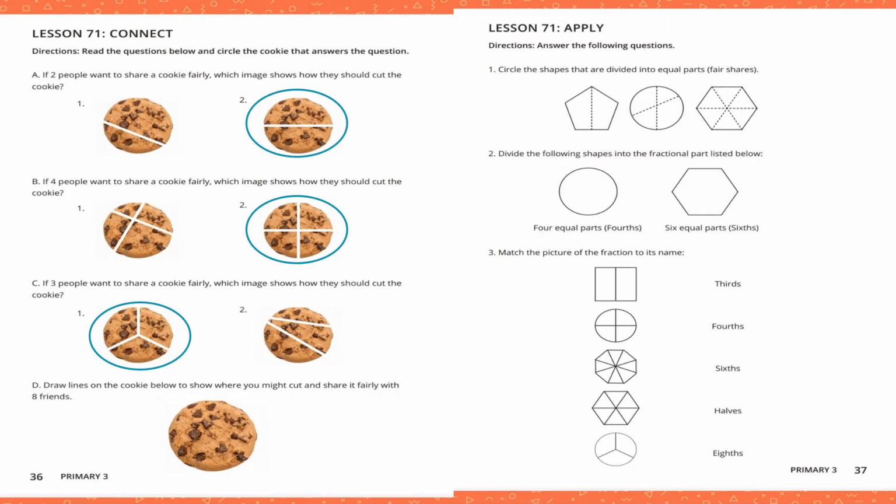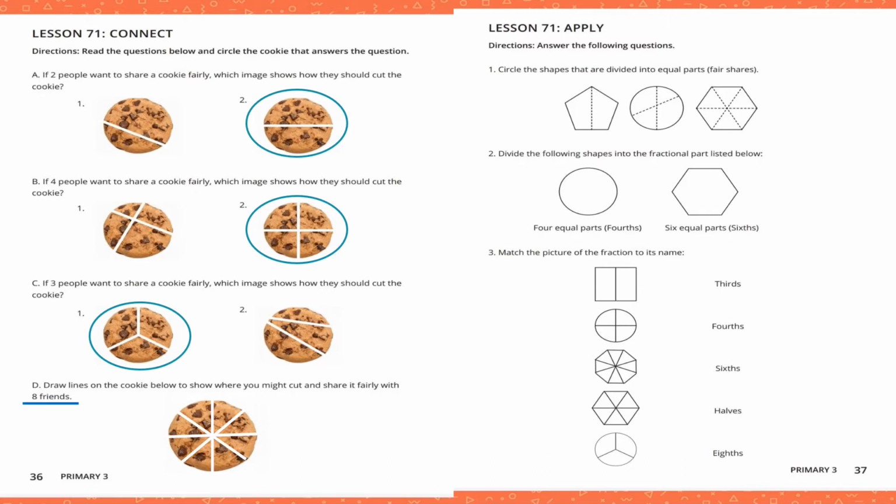Here he wants me to draw lines on the cookie below to show where you might cut and share it fairly with 8 friends. I have 8 friends. They should eat this cookie. So I must divide it fairly or equally. Like this.